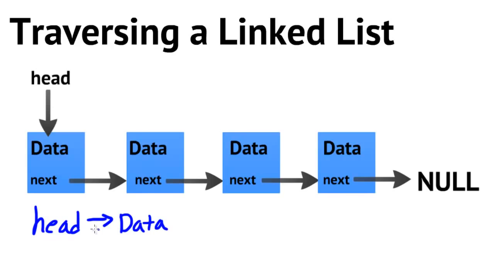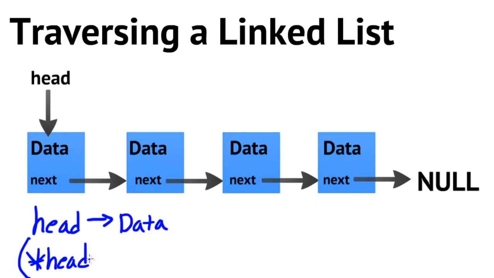This version of the member access operator only works with pointers. If you don't have a pointer here, you could not use this version of the member access operator. Fundamentally, what this is doing is dereferencing our head pointer, and we know that dereferencing just means getting the thing that the pointer is pointing to.